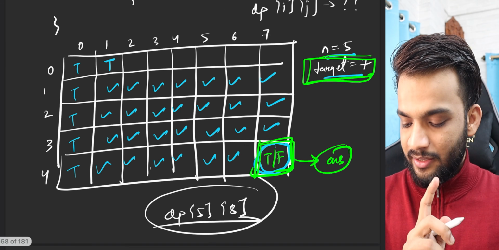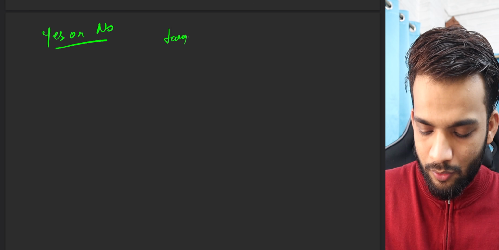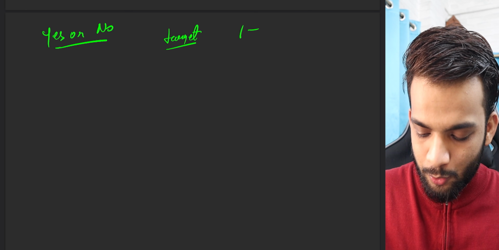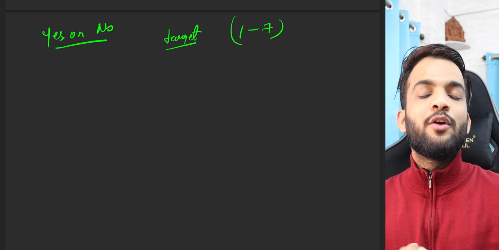So can I tell yes or no for every target value from 1 to 7?